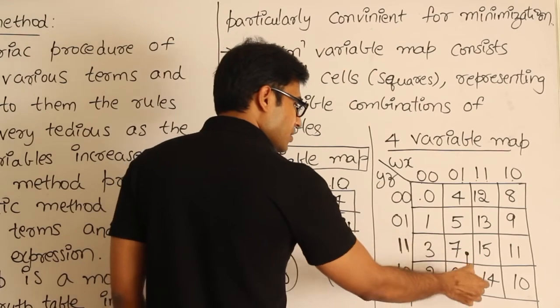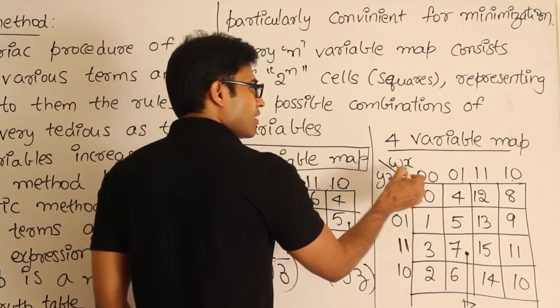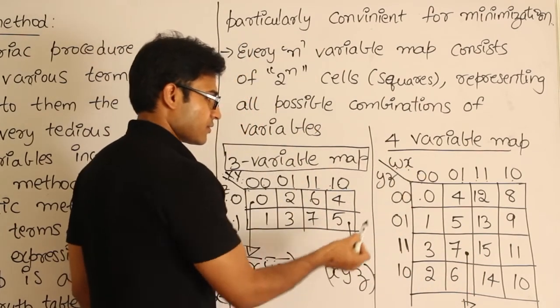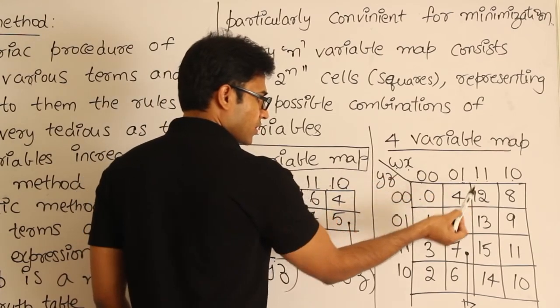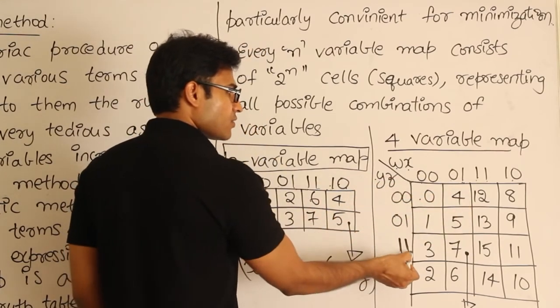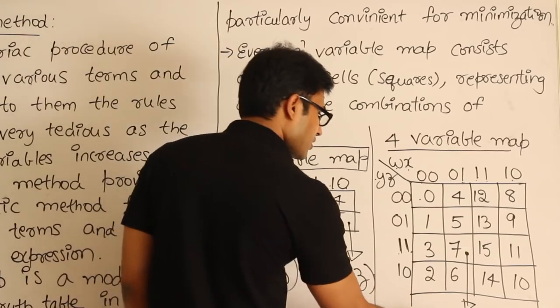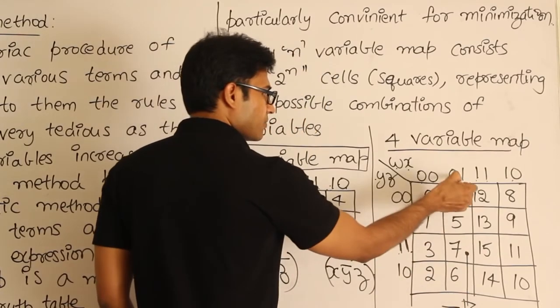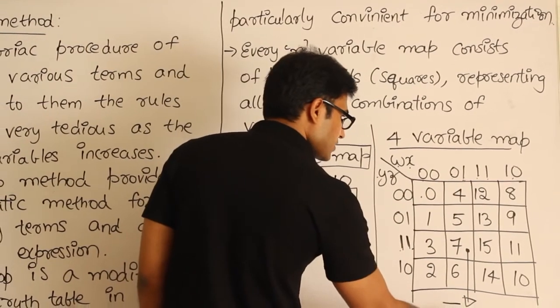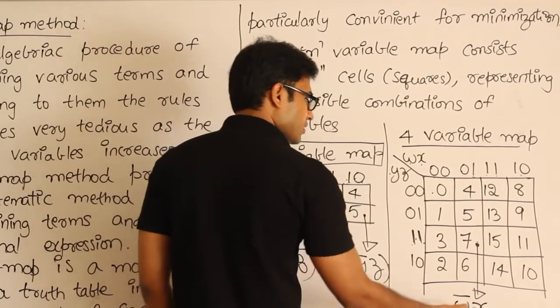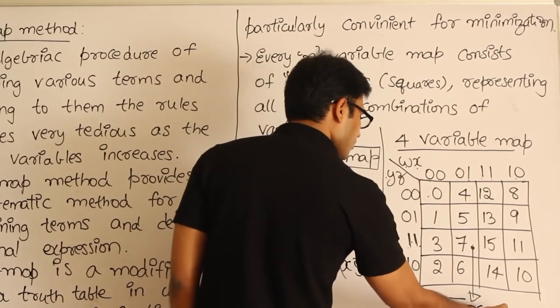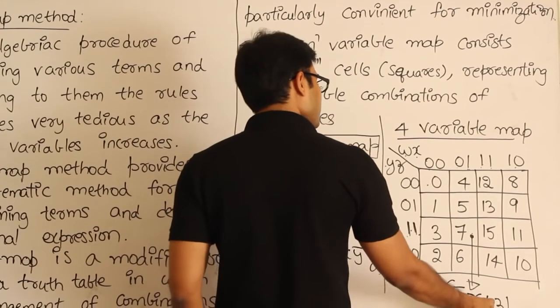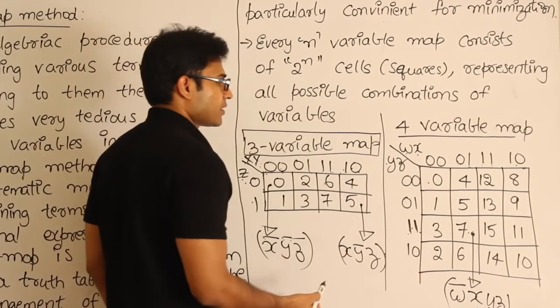If you want to know what this cell is representing, just see what the wx combinations are. The wx combination is 0, 1, and the yz combination is 1, 1. So 0 is w prime, and 1 is x, and y z are 1 and 1, therefore yz. So w prime x, y z. This is represented by that, right?